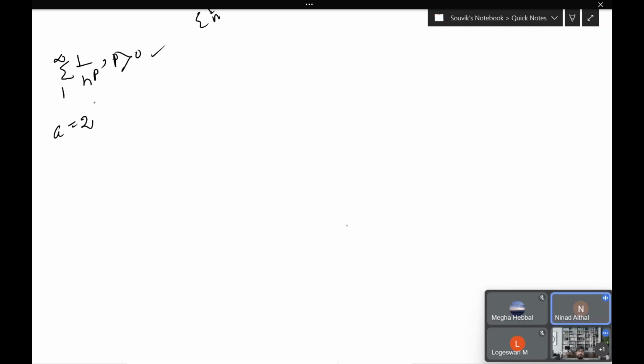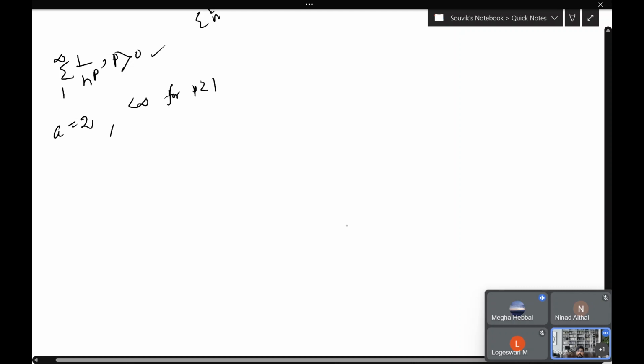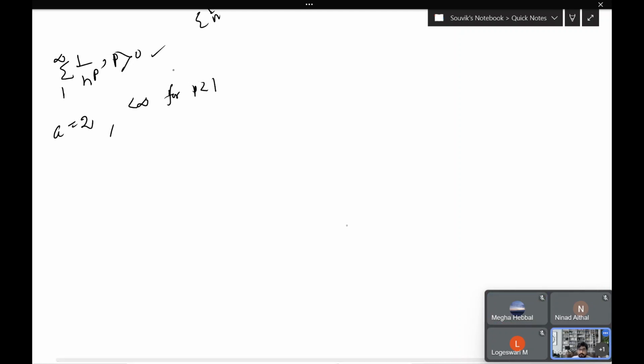Well, p greater than 1, sorry. Yeah, right. And what about Megha? The inequality part, I'm a little confused. Sorry, I didn't get you. The inequality part, sir, there I'm confused.